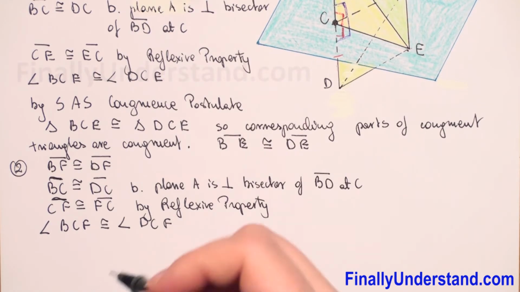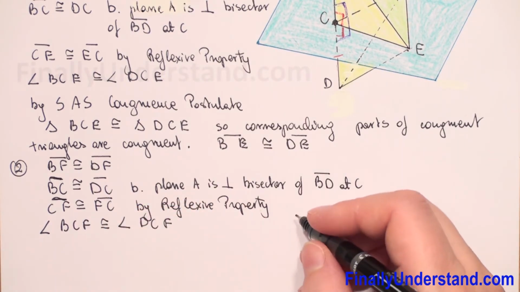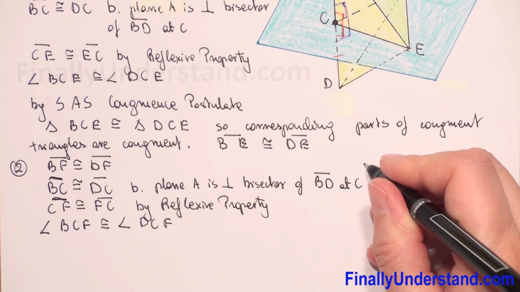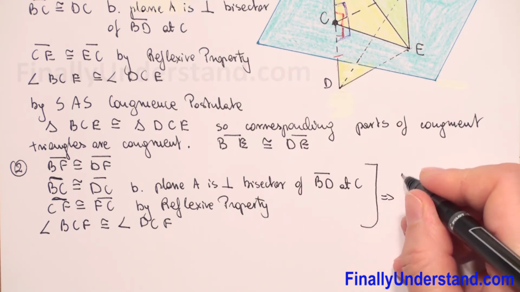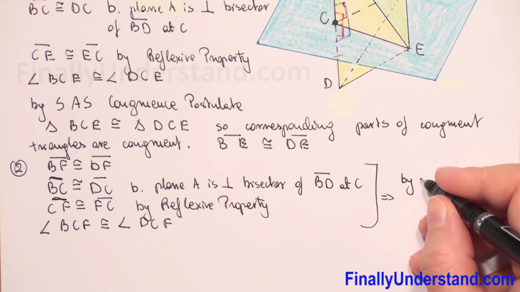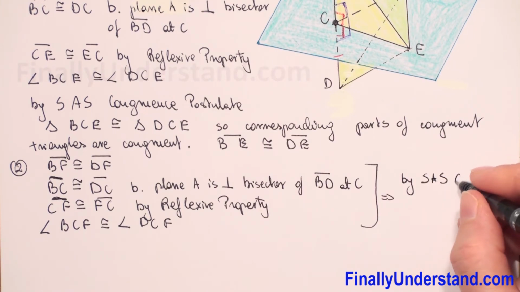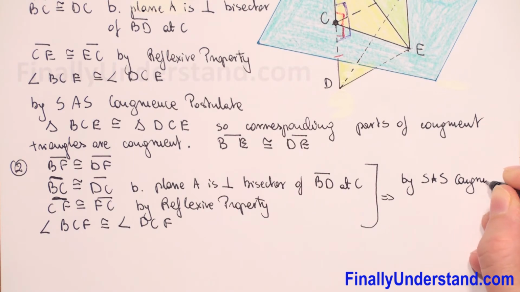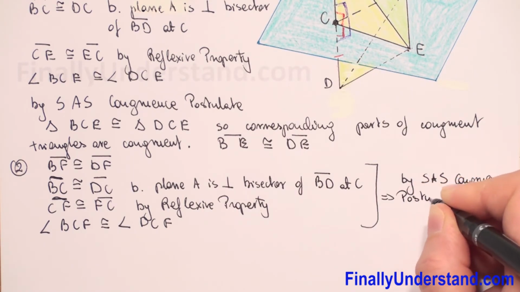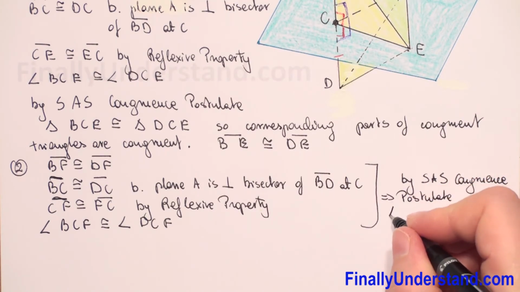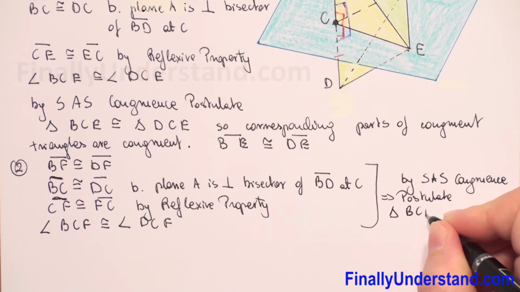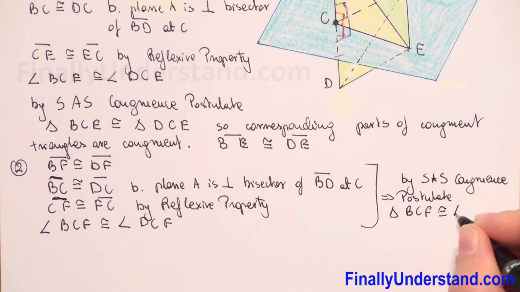So again we can write that by the side angle side congruence postulate, triangle BCF is congruent to triangle DCF.